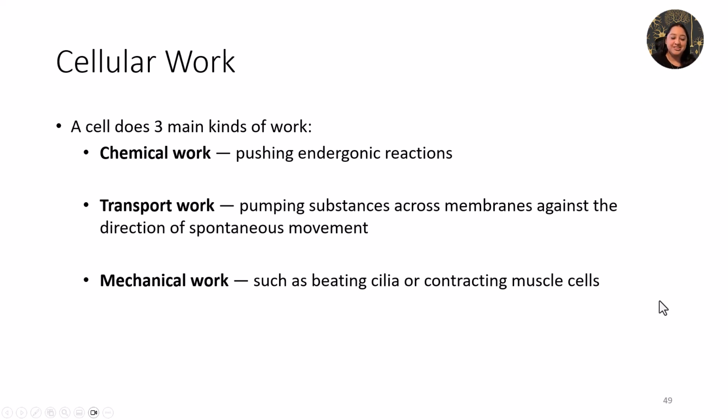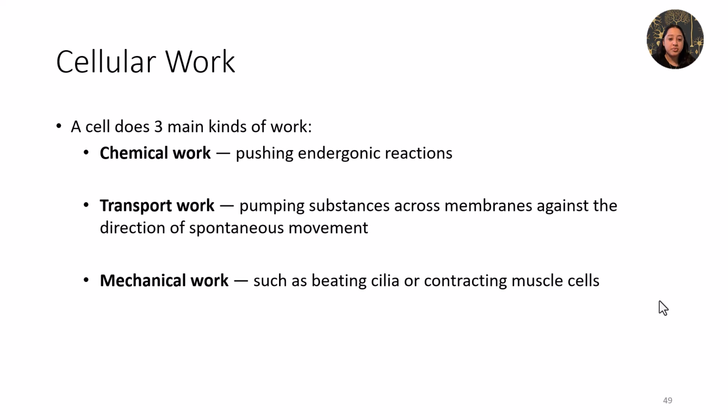So, a cell does a lot of work, actually. Even though we don't think of them as doing things, they are. So cells do three main kinds of work. There's chemical work, like pushing the endergonic reactions that you have to put energy into.